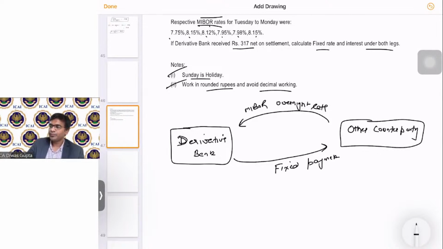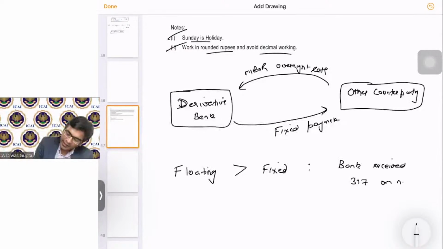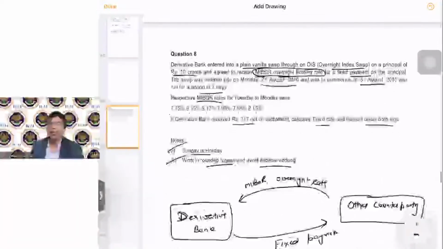Now, first of all, if the bank is receiving the overnight rate and paying fixed, that means floating is higher than fixed, because it is mentioned that the bank received 317 on net settlement. Correct?